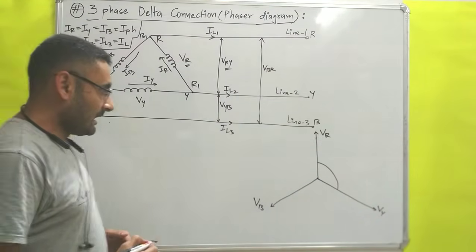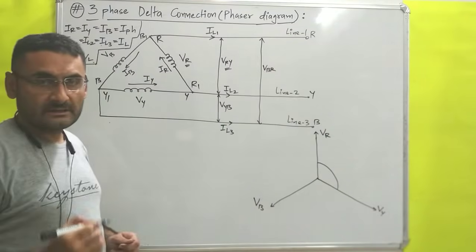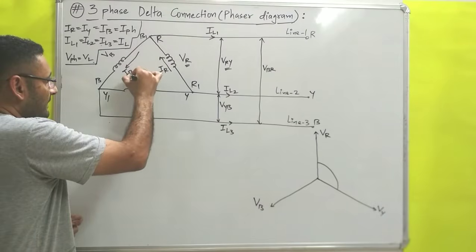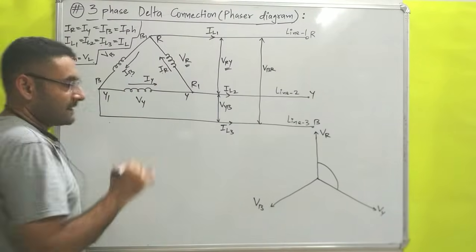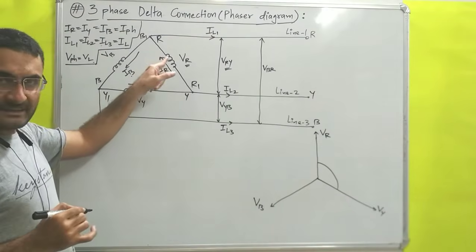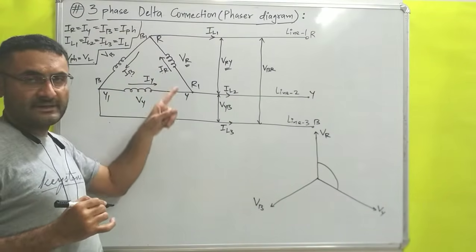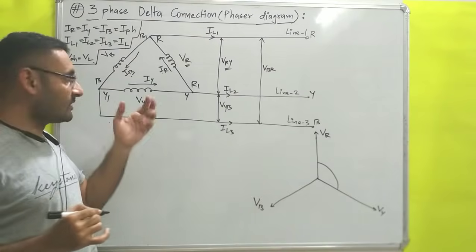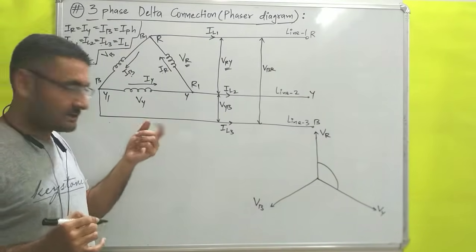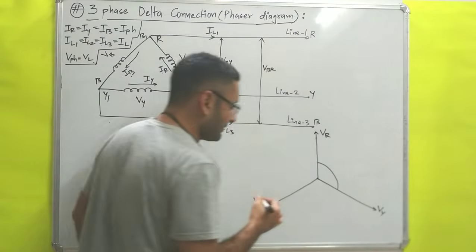After that, we will draw the phase currents. The phase currents are Iy, Ib, then IR. We know very well that it is a coil, meaning an inductor. For a pure inductive circuit, the current lags behind the potential.